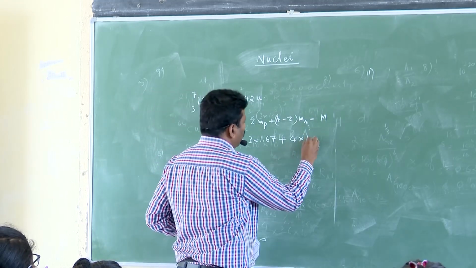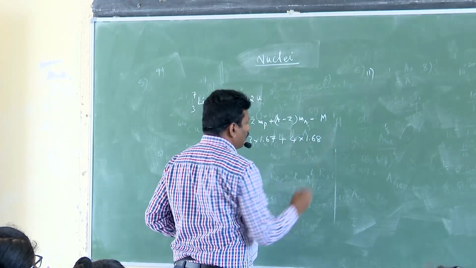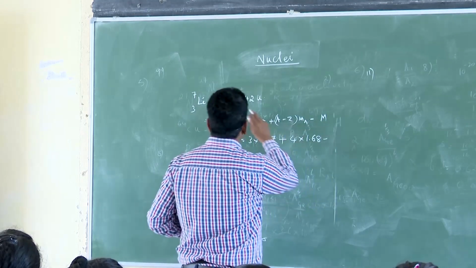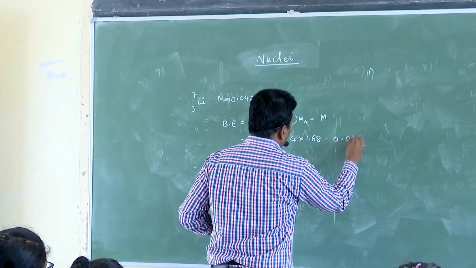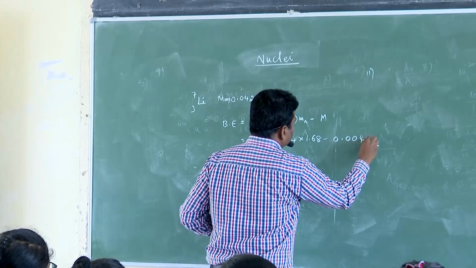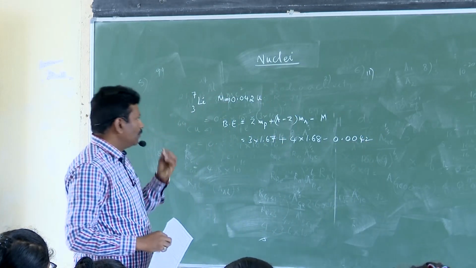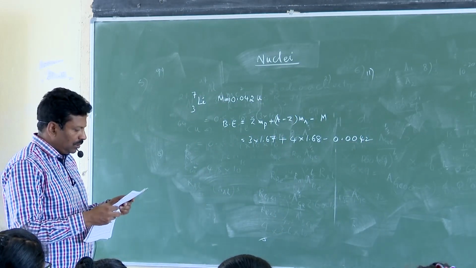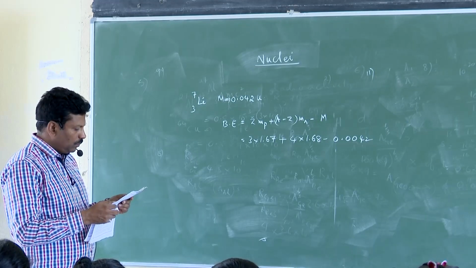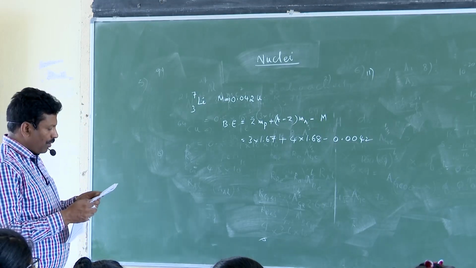We can take it as 1.68, minus the mass of the nucleus, which is 0.0042 atomic mass unit.